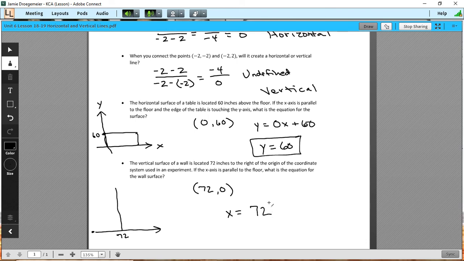And so if you have a vertical line, vertical lines are always going to have an equation that is x equals something. So in this case, we were 72 inches to the right of that origin point. So x equals 72. Every point on that line is x equals 72. Just like this one, every point on this line was y equals 60.